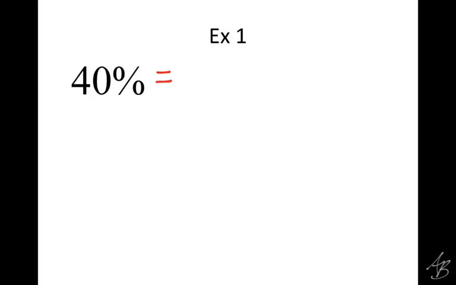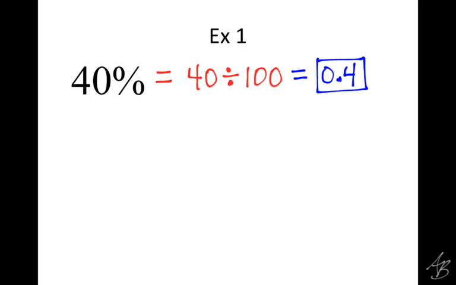Again, we need to make sure that we show what we're typing into our calculator. So if we're going to use the calculator, I'm going to write down 40 divided by 100 first, and then I'm going to write what I get when I punch it into the calculator. What do I get? 40 divided by 100 is 0.4. Do I include the percent after the 40?